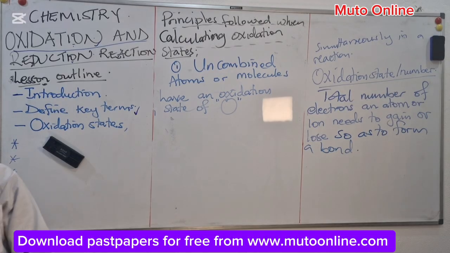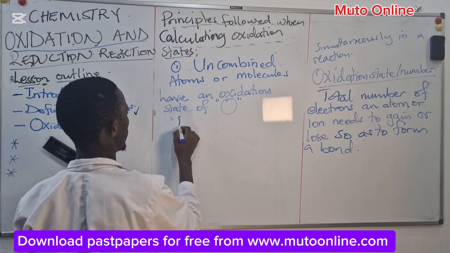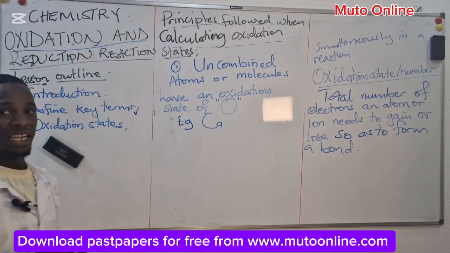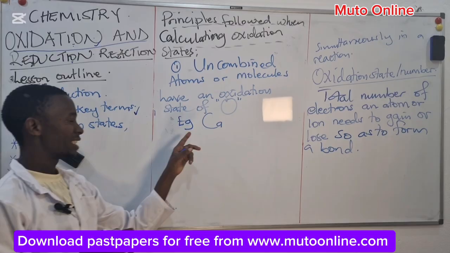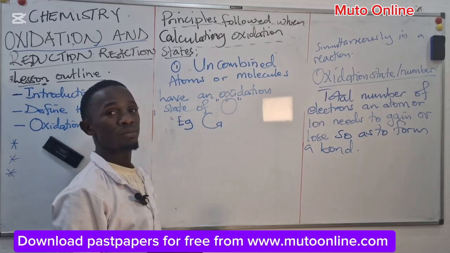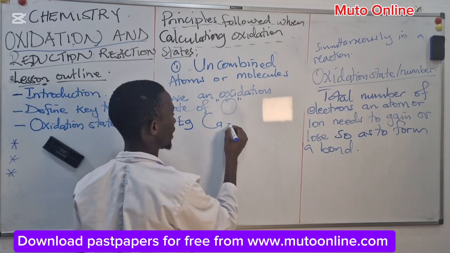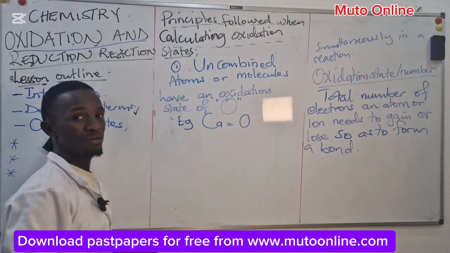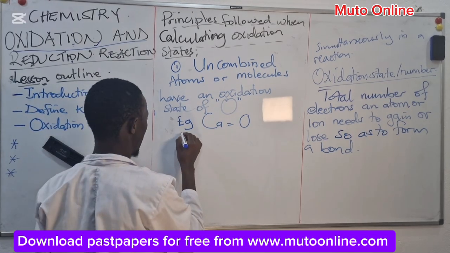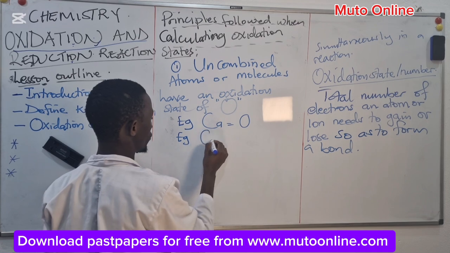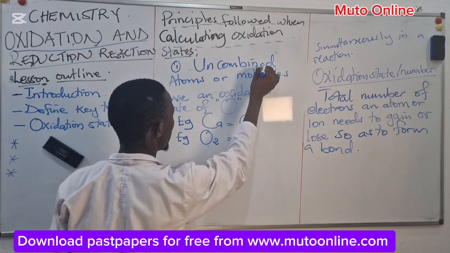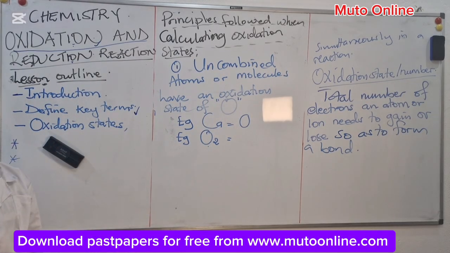For example, if they give you what is the oxidation state of calcium, and they write it like that. In this case, calcium is existing as an uncombined atom, so its oxidation state will be 0. For example, when oxygen is written like this, it is now in its uncombined state or form.